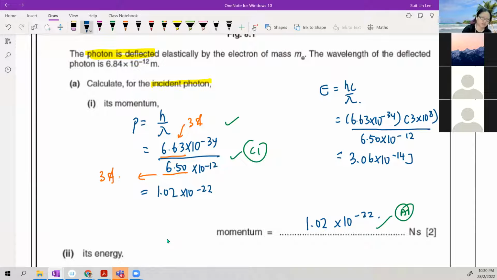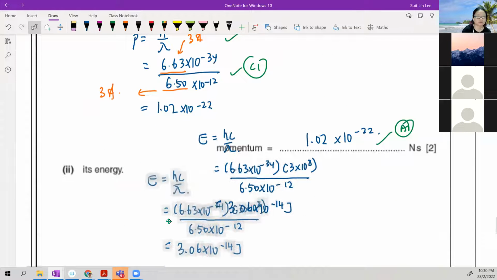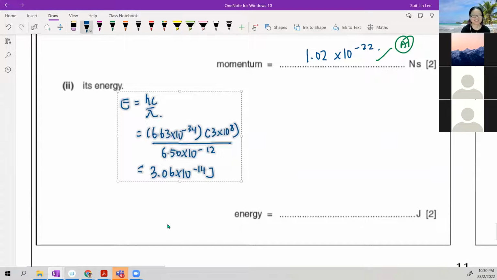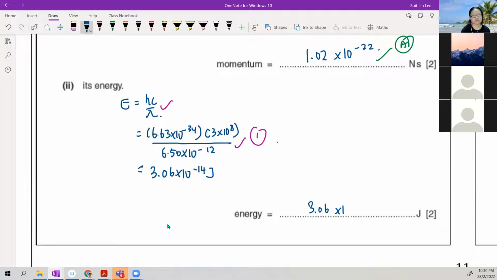This one is actually 3.00, but let's use it. This is also a nice bonus because it's also 2 marks. See, 4 marks already. Equation and substitution 1 mark, final answer 3.06 times 10 to the power -14.